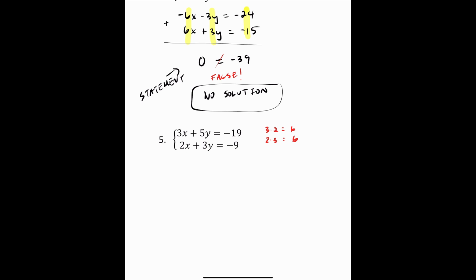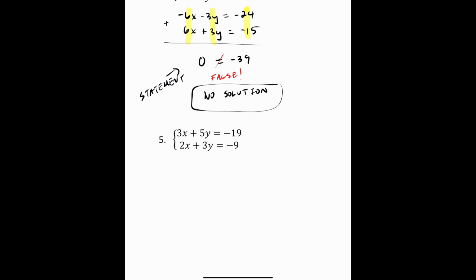The least common multiple for 5 and 3 is 15, because 5 times 3 is 15, and 3 times 5 is 15. So let's go ahead and use that idea to solve this system.